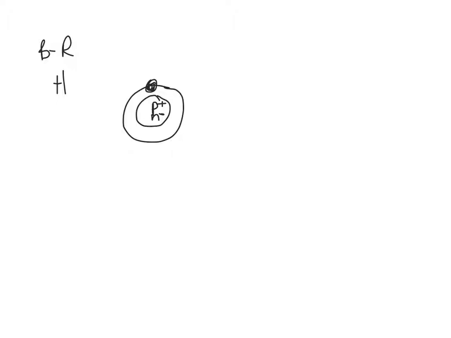How many neutrons? 0. There's no neutrons in this isotope. This then is hydrogen 1. This is the isotope hydrogen 1. And most of the hydrogen that exists in the universe, or at least on this planet, is hydrogen 1.